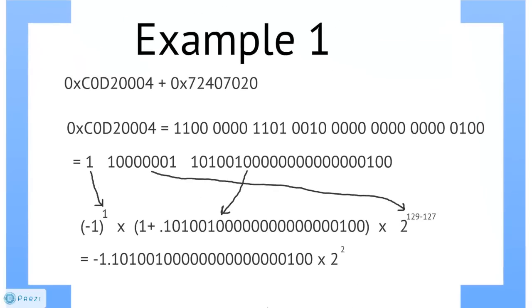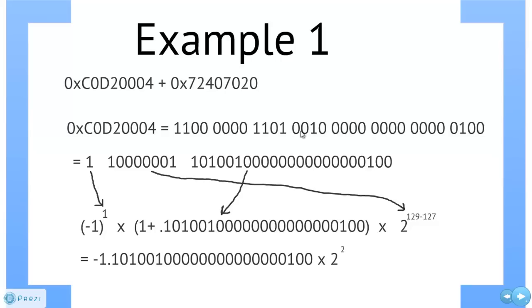Now in the first example, what we're given is two hexadecimal values that we're going to need to add, and the first step in doing so is taking the first value that we were given, which is C0D20004, and converting this into binary, which I have done already right here.